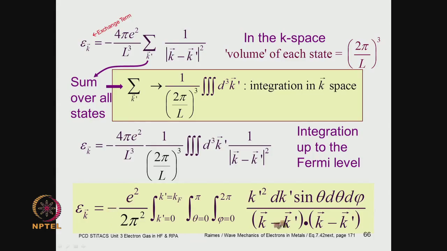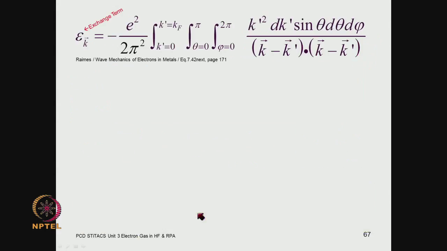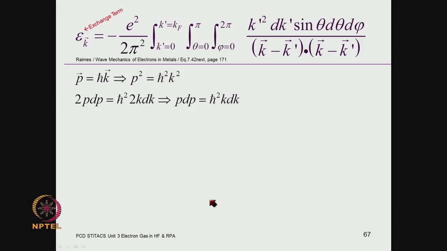So this is the integration that we have to carry out, which I bring to the top of this slide now, and I transfer the variable explicitly from k to p, and the difference is only this h cross. So that tells us that the differential increment dk is dp over h cross.